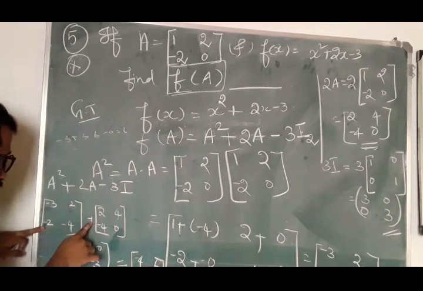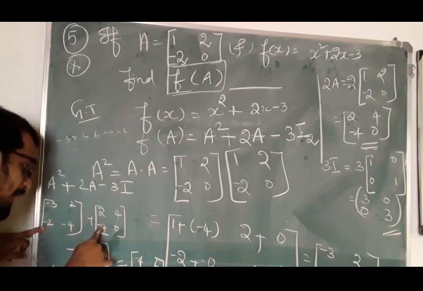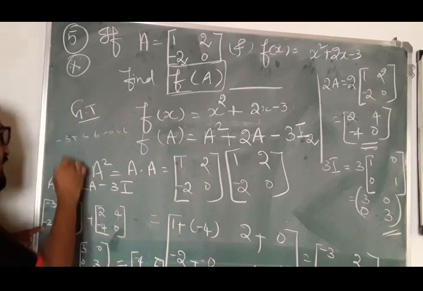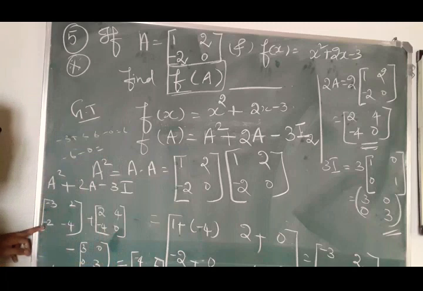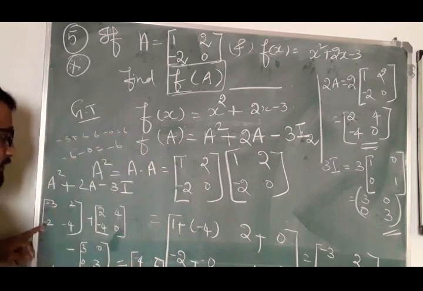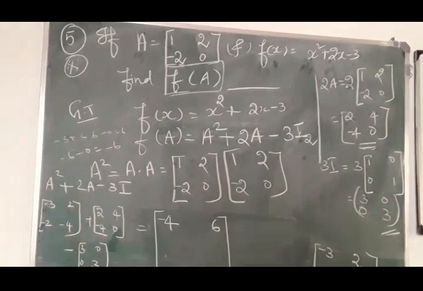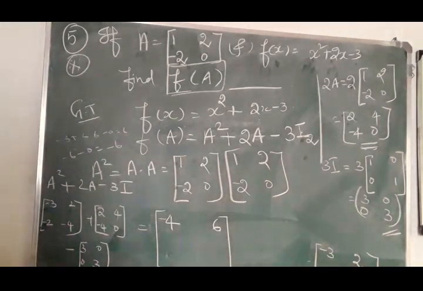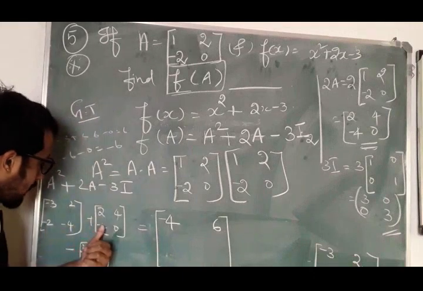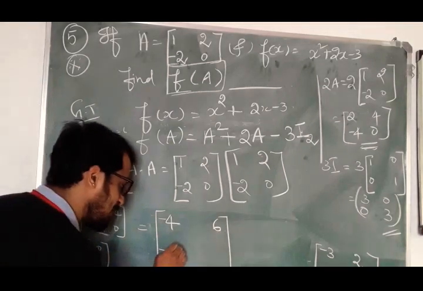Now minus 2 plus minus 4, that means minus 6, minus 6 minus 0 is minus 6.